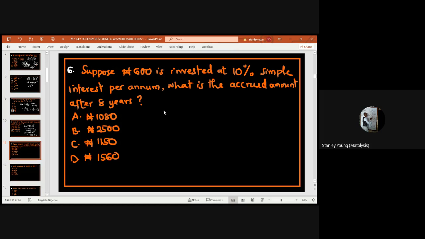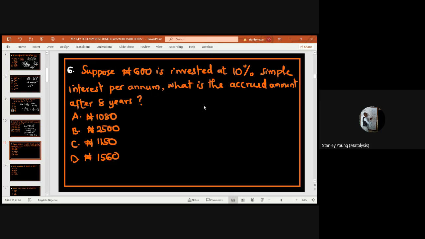Suppose 600 Naira is invested at 10% simple interest per annum. What is the accrued amount after 8 years? Unlike the former question we saw, which is compound interest. Compound interest is an interest you get when you continue to use your final amount as a principal for the next year.